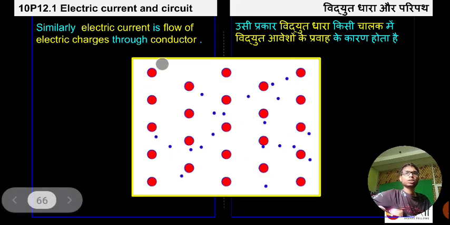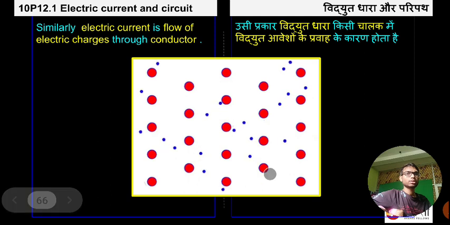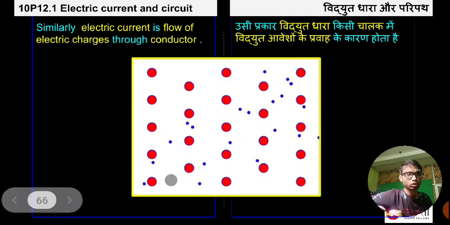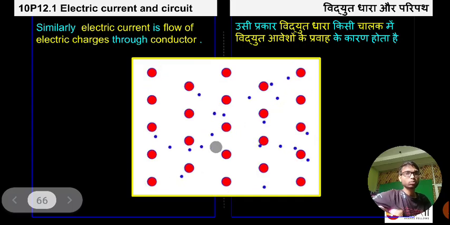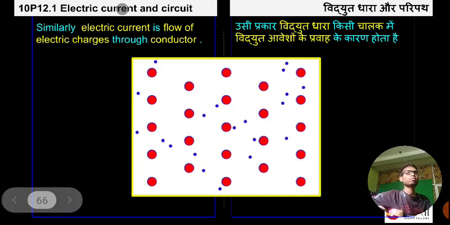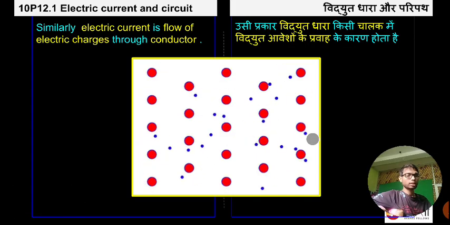Electric current is a flow of electric charges through a conductor. Let's say this is a conductor. Inside this conductor we zoomed in and we are observing that there are a lot of protons and this many electrons. It is working like that.